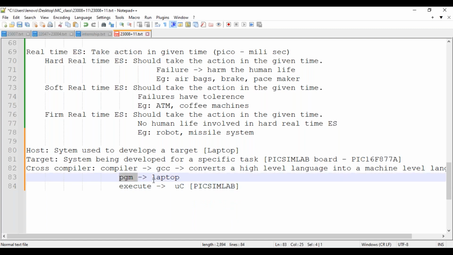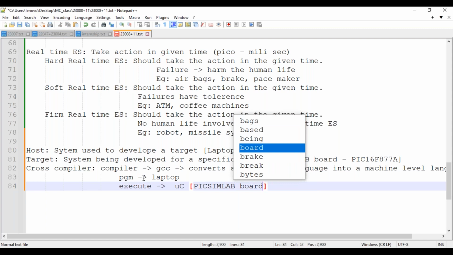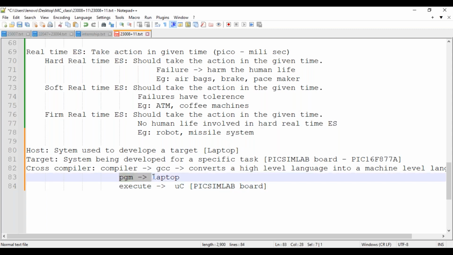So you write your program on the laptop, and you execute it on a microcontroller, which is available in the PICSIMLab board. Earlier, in all of your C++ programming, you wrote the program on your laptop and executed it on the laptop itself.